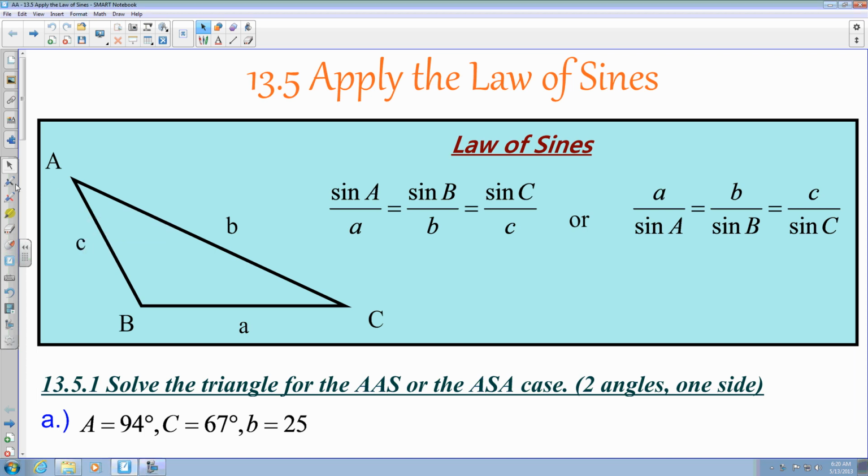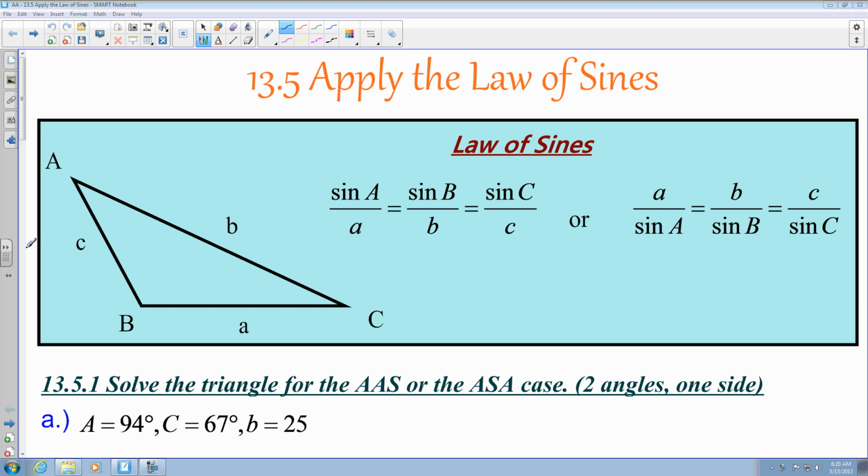All right. We are in section 13.5 where we get to apply the law of sines. So up to this point, when we're dealing with sides and angles of triangles, we've been working with right triangles.